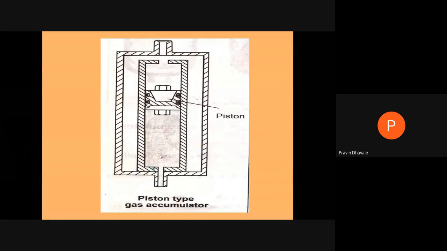So at the outlet we are not getting a constant pressure on the fluid. The pressure on the fluid goes on decreasing as the piston is moving from the upward side to the downward side, and at the same time we are getting a low discharge of the fluid from the accumulator to the actuator.